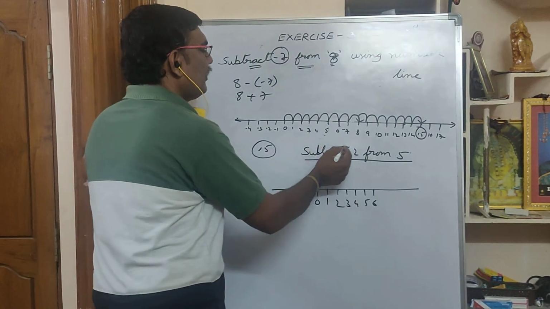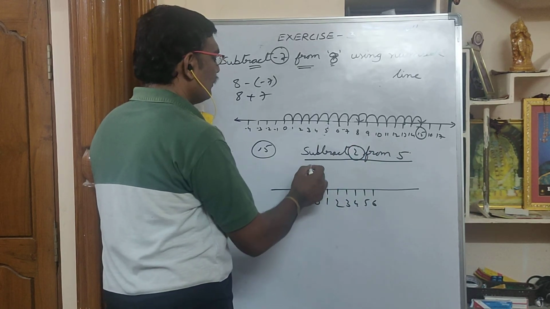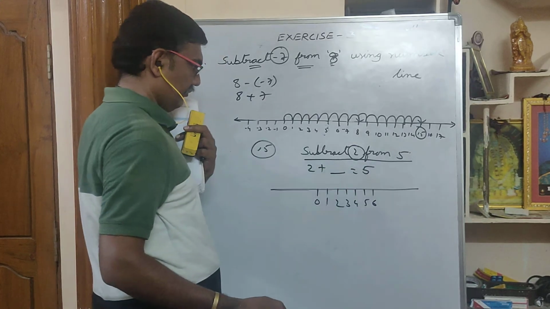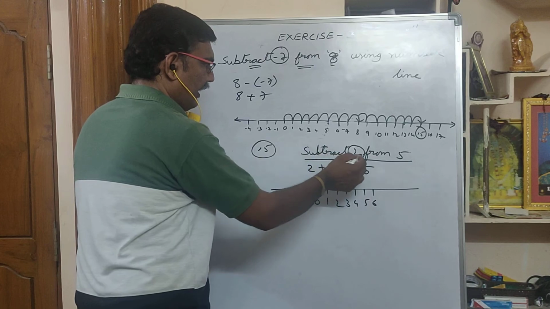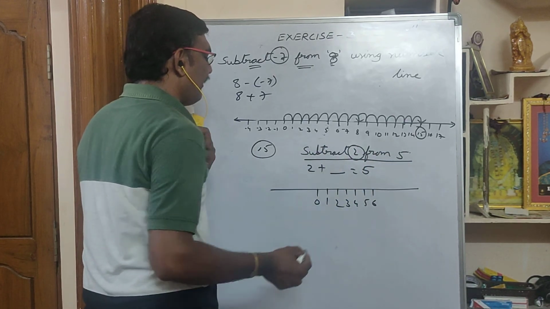Subtract 2 from 5 is nothing but, for 2, how much you have to add to get 5?